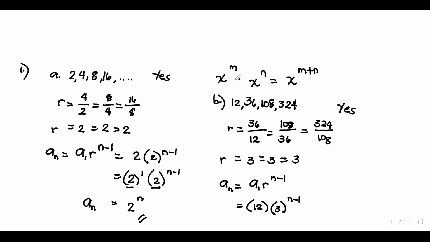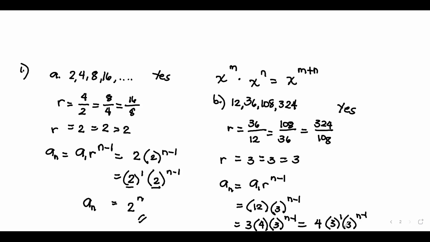Before we apply this, we need to write 12 with the same base. If one of the bases is 3, 12 is also equal to 3 multiplied by 4, right? Multiplied by 3 raised to n minus 1. So copy 4 and this one, 3 raised to 1, which is also equal to 3 raised to n minus 1.